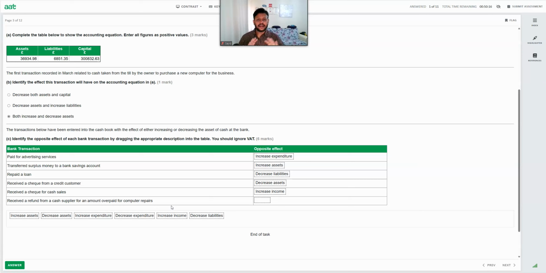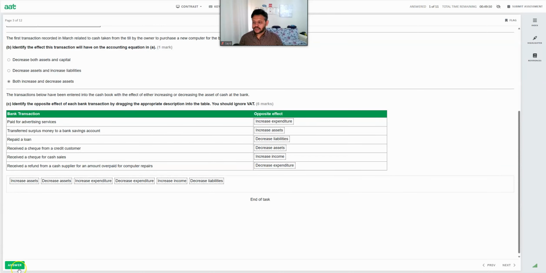I have to say no, my expenditure is not 200. That was a mistake, because they refund me 100, so my actual expenditure is 100. So I'm decreasing my expenditure. Do not think, oh, £100 coming to my bank, so my bank is going up. We are not looking at the bank here. We're looking at the opposite effect. So decreasing expenditure. And that's it.